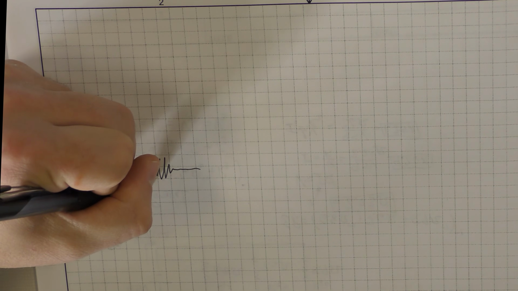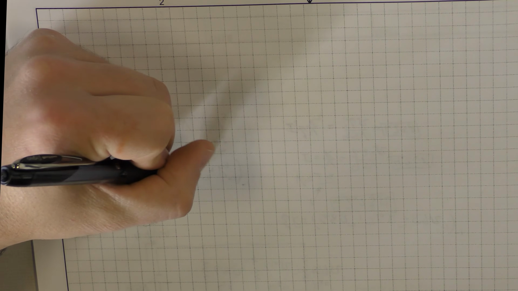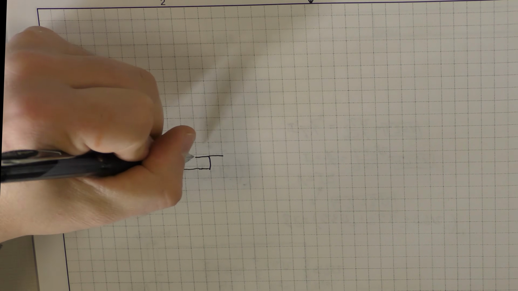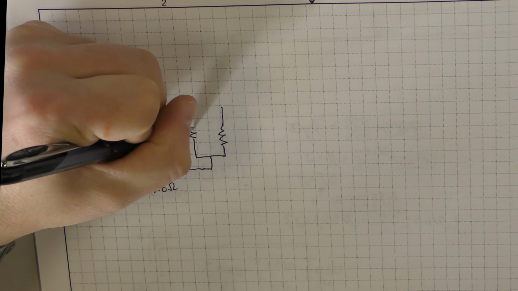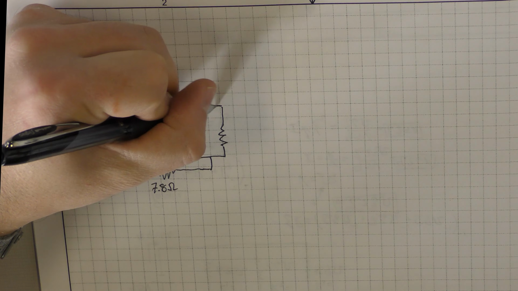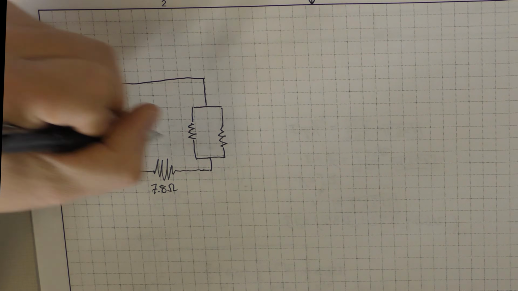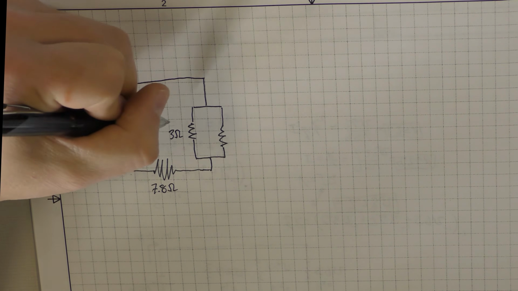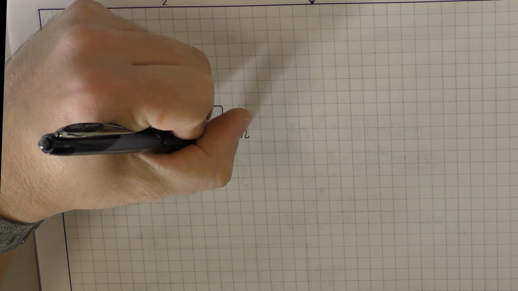This resistor has a resistance of 7.8 ohms, and it is connected to a parallel branch with two resistors like this. Let's say it's got 3 ohms of resistance on this side, and it's got 5 ohms of resistance on this side.